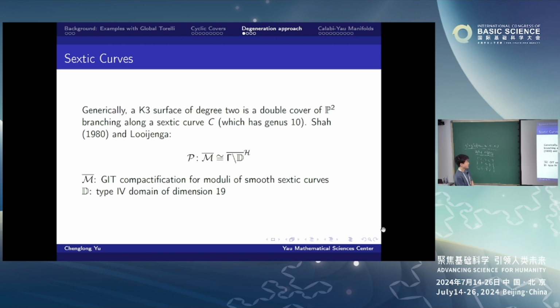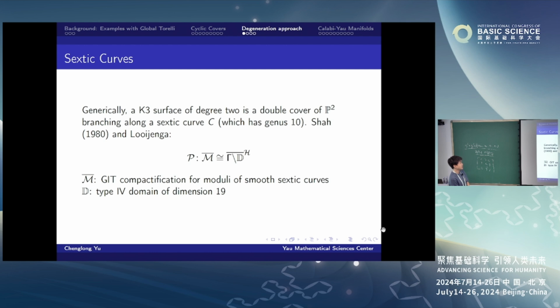Generically, it will be a double cover branched along a smooth sextic curve, a curve of degree 6, which has genus 10. And Shah first proved that this also gives you a compactification from the moduli space of sextic curves to some compactification of this type IV domain.